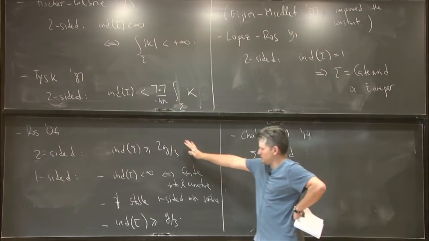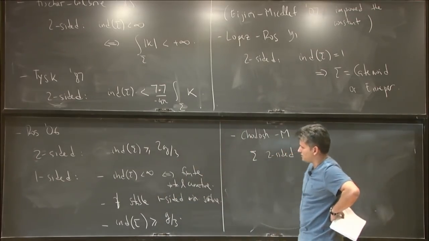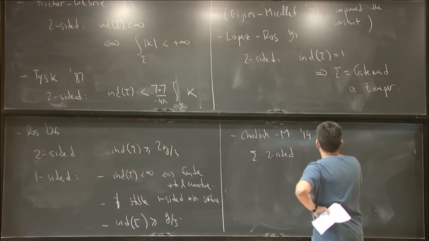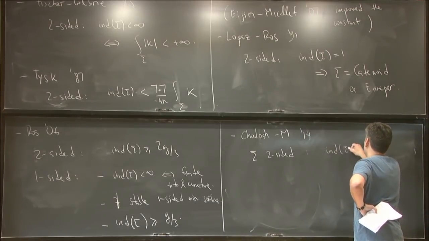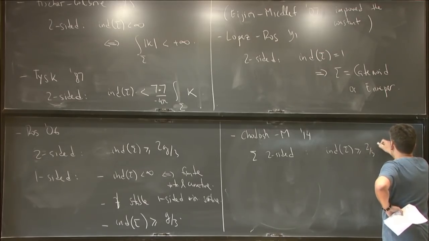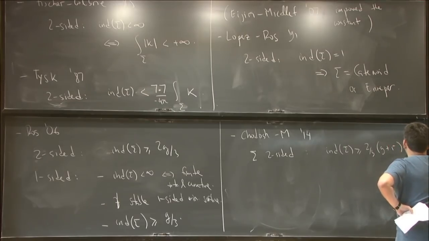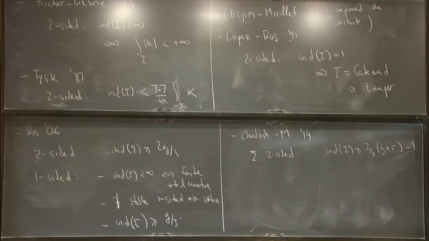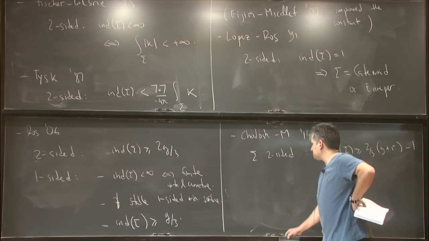Here there's no assumption about embeddedness, this is just immersed. Then the index of sigma is at least 2/3 g plus r minus 1.